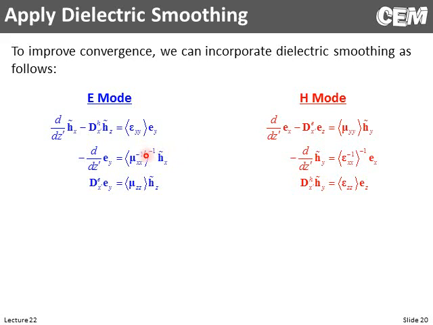So what we end up doing is taking the reciprocal of the permeability, blurring the reciprocal, forming our diagonal matrix, and then taking the inverse of that matrix. And over on this right-hand side for EX, we do the same thing for epsilon XX. This isn't completely necessary, but it does improve convergence, and this is the equivalent of fast Fourier factorization, but in real space.